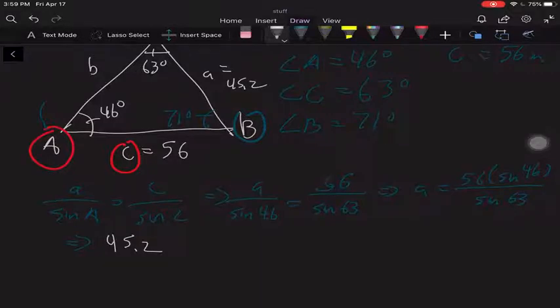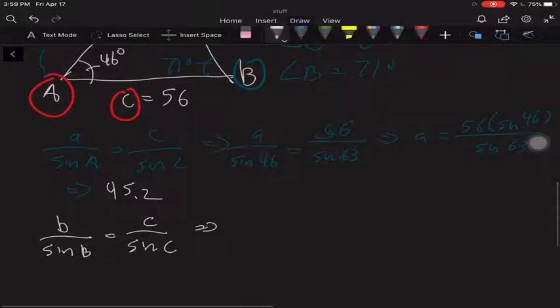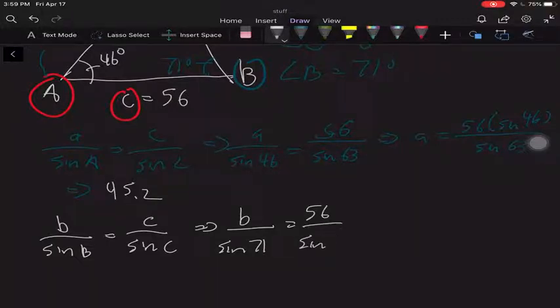Now we can use the same formula to get our b value. We have b over sine B is equal to c over sine C. We plug in numbers again: b over sine of 71 degrees is equal to 56 over sine of 63.